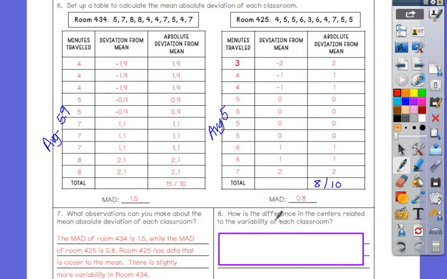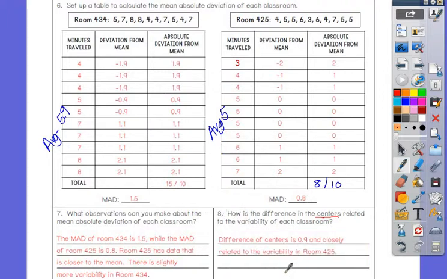Alright, I'm sorry, I subtracted the wrong values. The differences in the centers is your averages. And I have an average here of 5 and an average here of 5.9. So if I subtract those, 5.9 minus 5, I get 0.9. So the differences in the centers is 0.9.